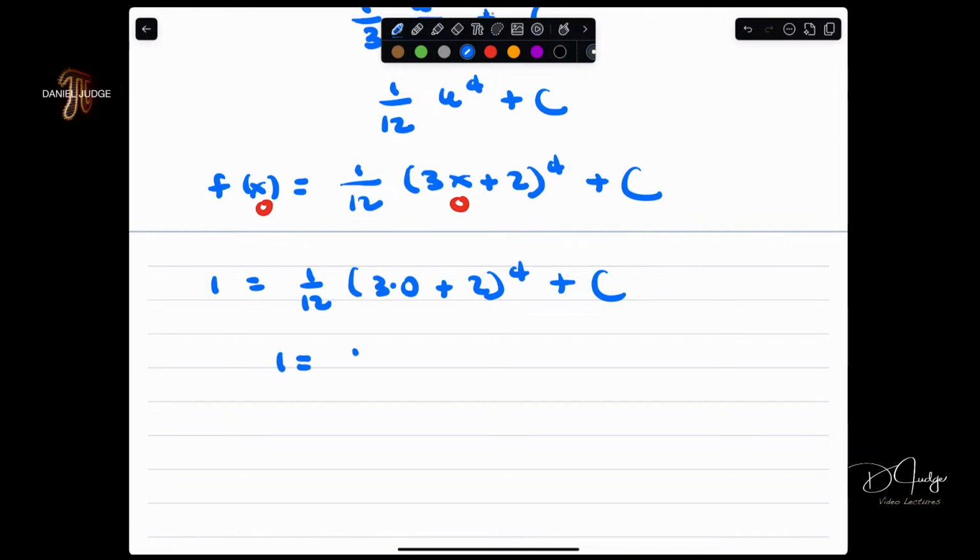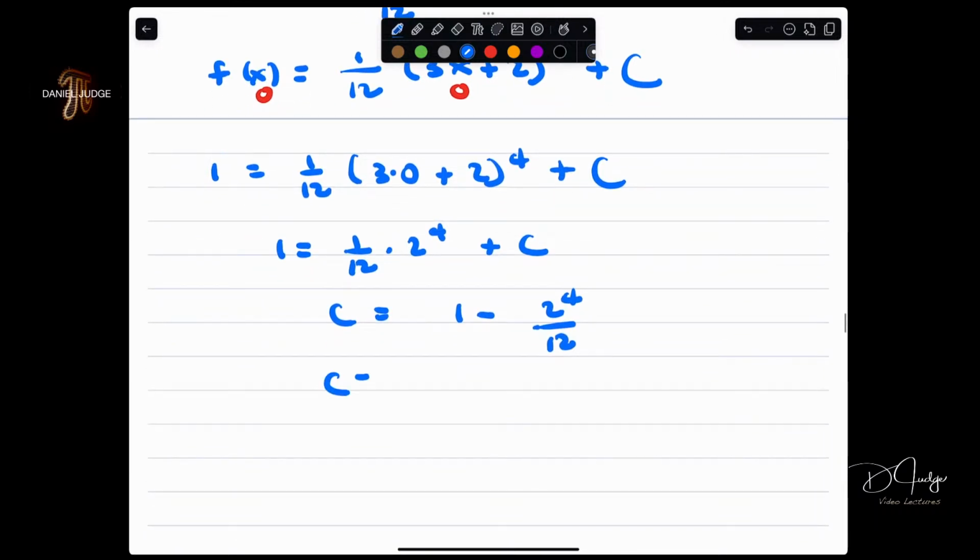That looks like we have 1 is 1/12 times 2 to the 4th plus c, or c will be 1 minus 2 to the 4th over 12. Replace 1 with 12 over 12. So 12 minus 2 to the 4th, both over 12.